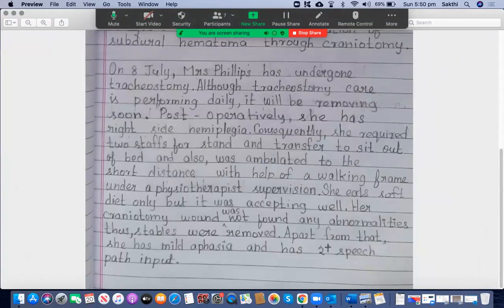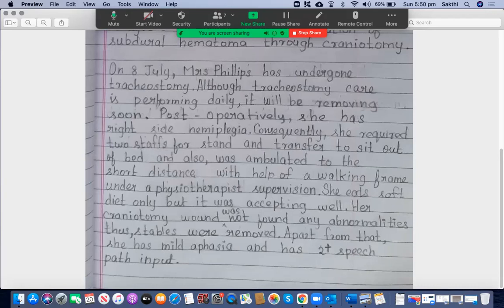Okay, the staples were removed. That's all right. Apart from that, she has mild aphasia and has what is this? Two plus speech path input. The case notes given: plus speech path input.